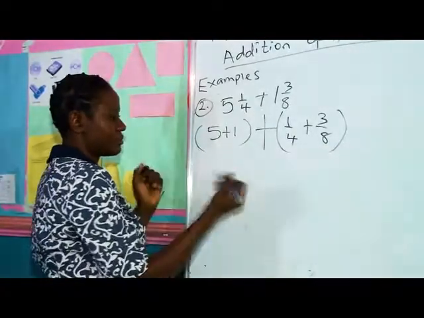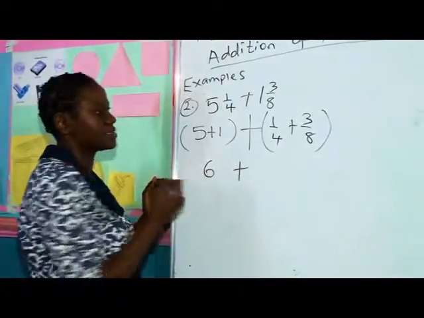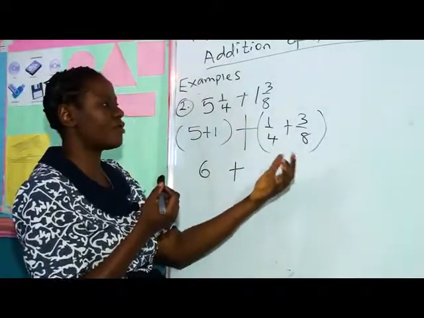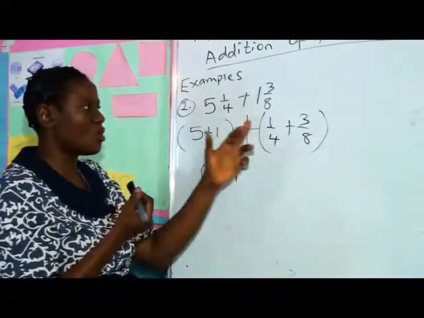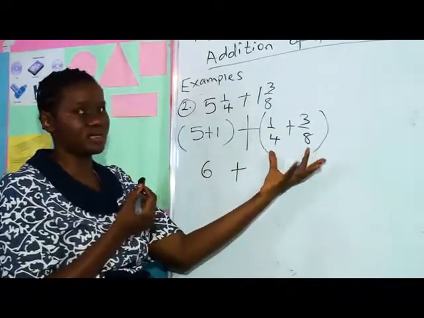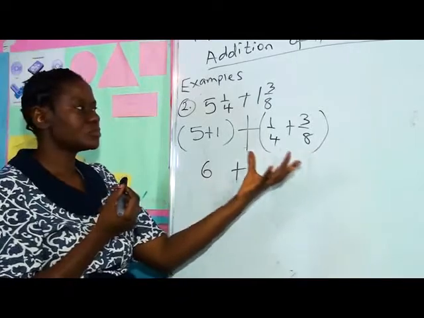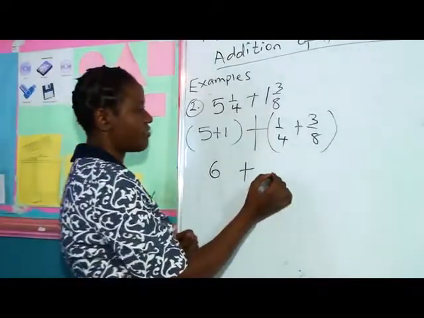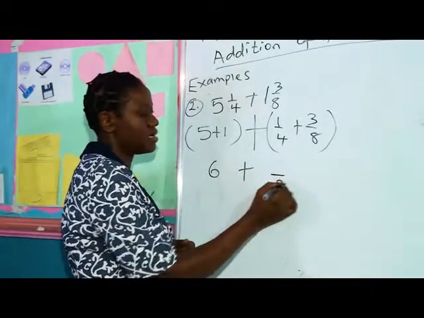5 plus 1 is 6. So 6 plus. Now I deal with the fractions: 1 over 4 plus 3 over 8. The denominators are not the same. We need to find the LCM of 4 and 8, which is 8.